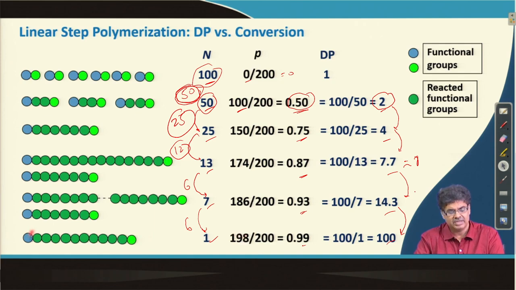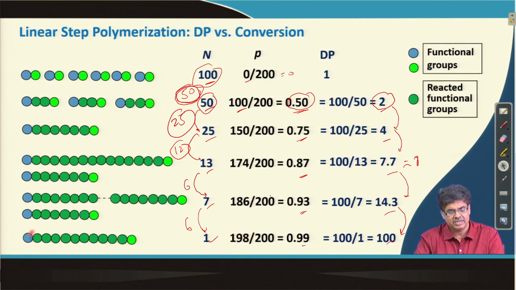Just let me calculate it. 100 divided by 14.3, so 6.99, around 7 times.